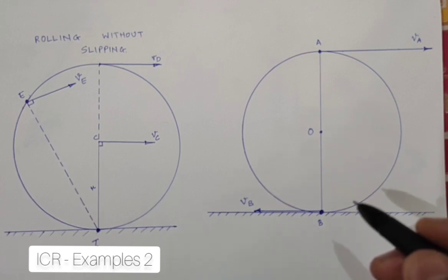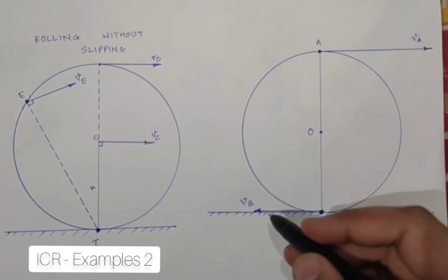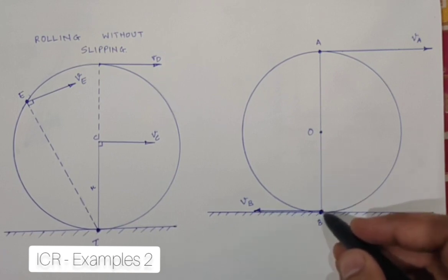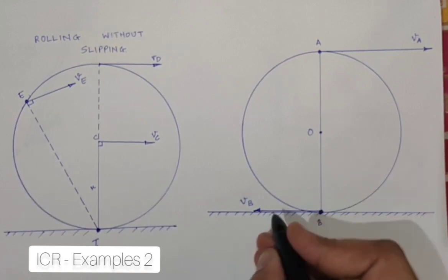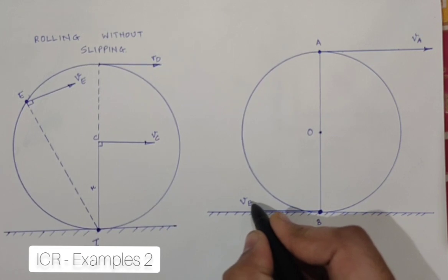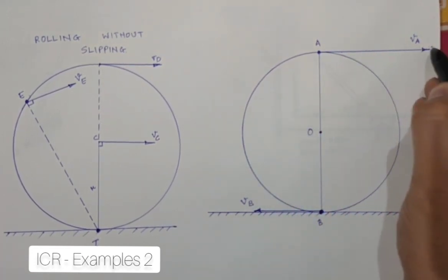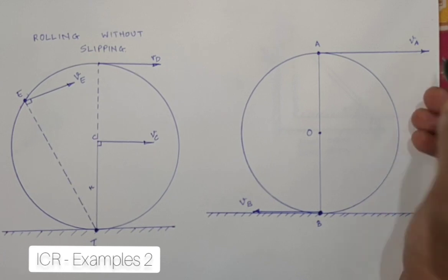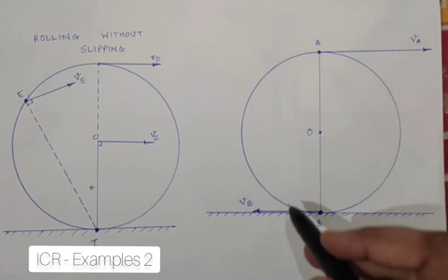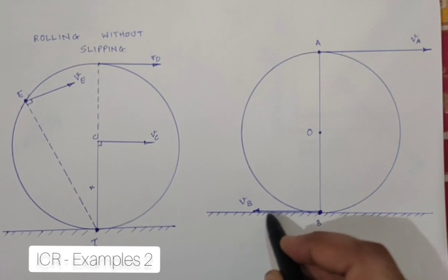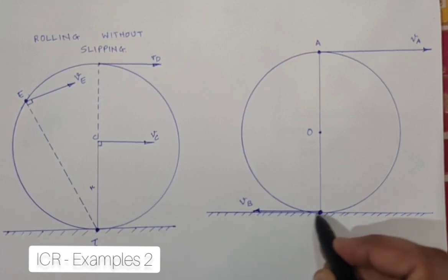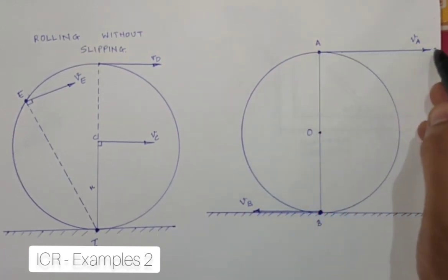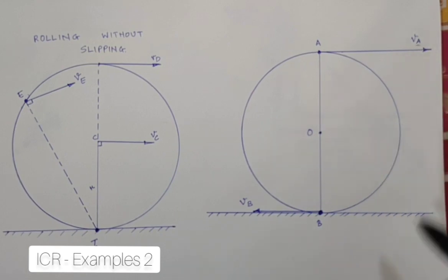So with the help of geometry, I can assume that VB is of a particular length proportionate to the velocity given, and VA is the proportionate length with respect to the velocity given. So here I will draw a line which represents my velocity vector, and this line is representing the velocity vector VA.